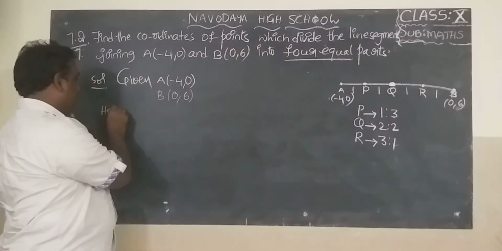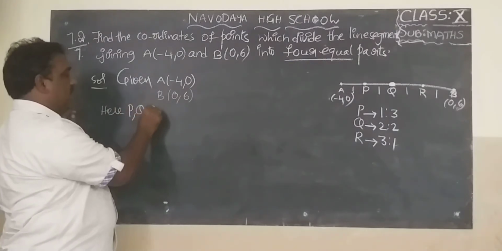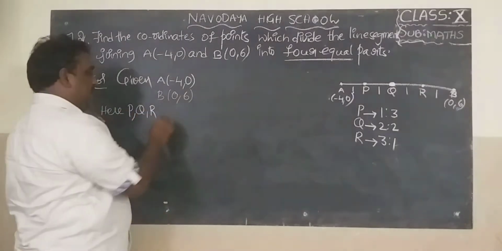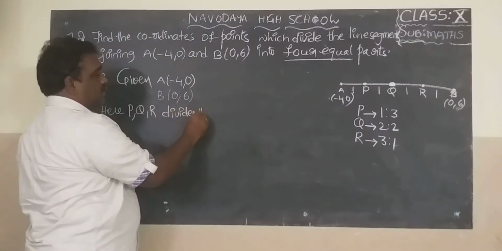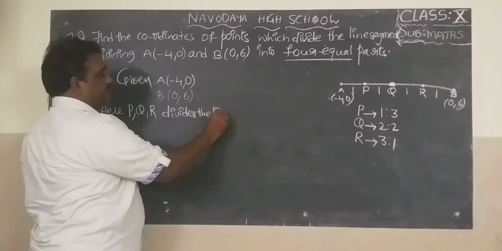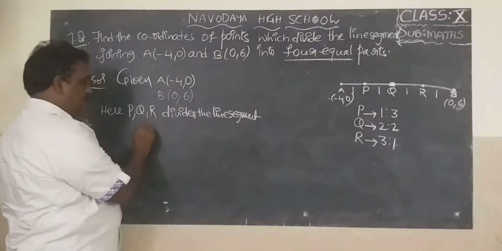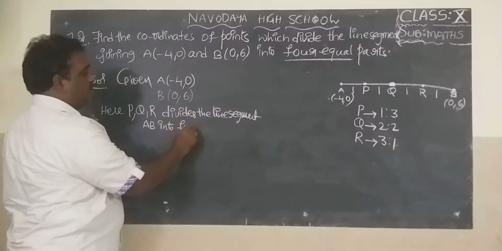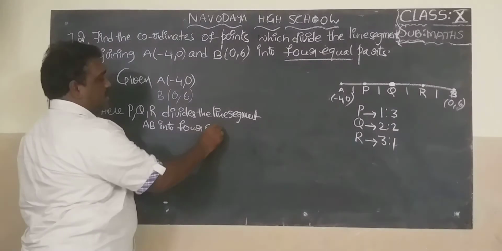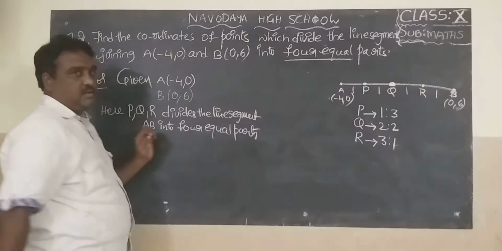Here P, Q, R divide the line segment AB into 4 equal parts.